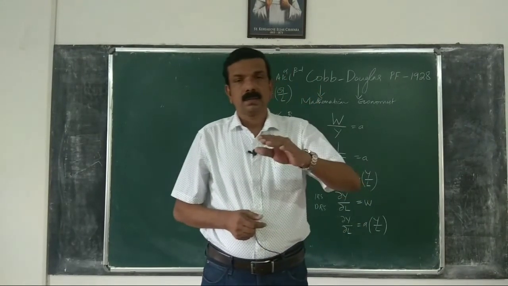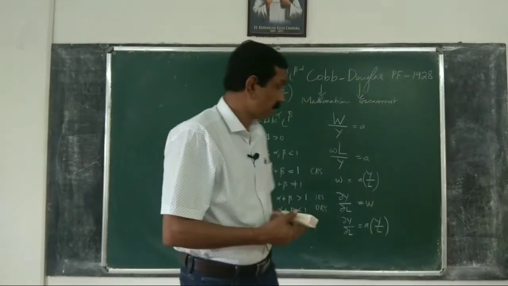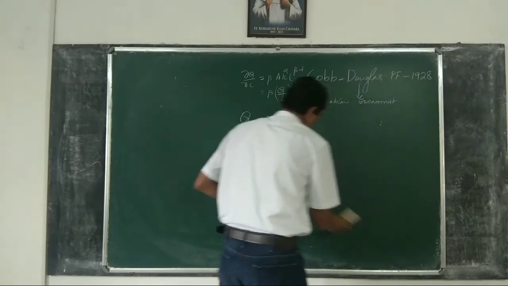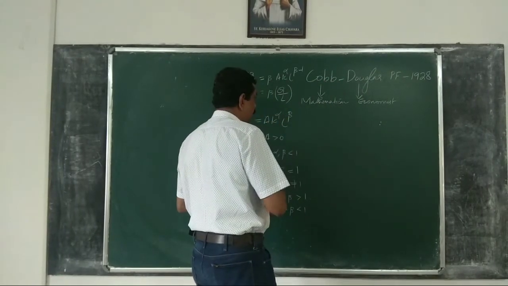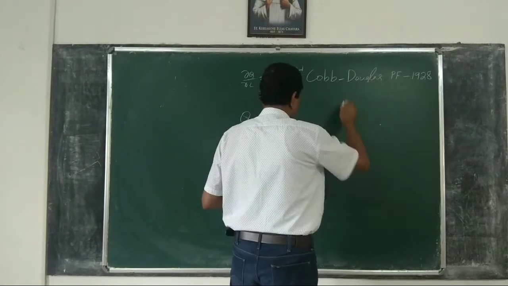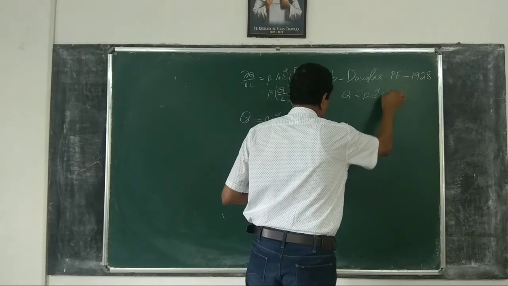Now, let us see what are the properties of Cobb Douglas production function. Now, the form of the production function is Q is equal to A K raised to alpha L raised to beta.